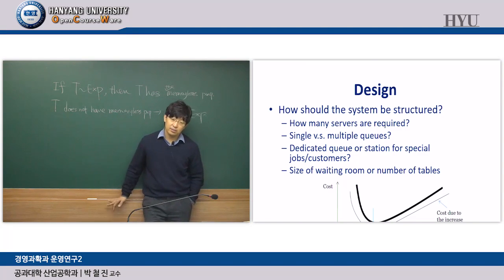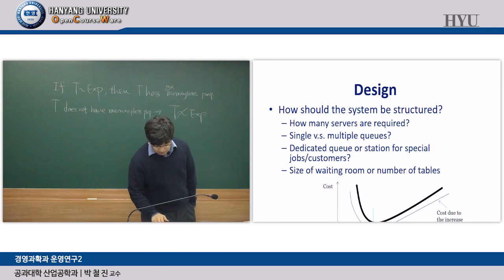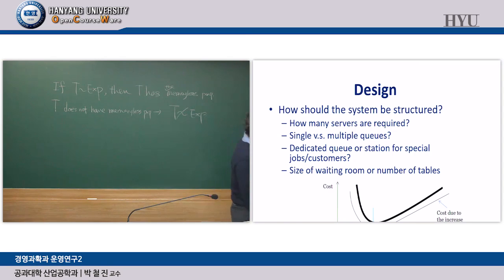Customer satisfaction gets lower and lower. So this part is the cost for waiting. This one represents cost based on customer satisfaction. If the waiting line is long and long and long, you can lose the customers.